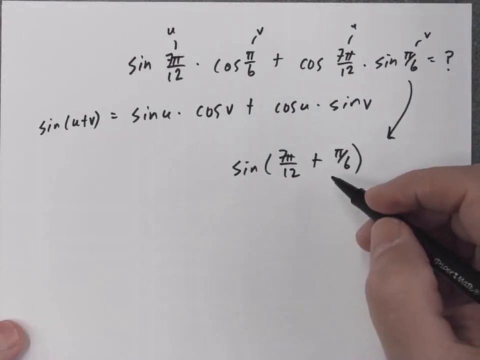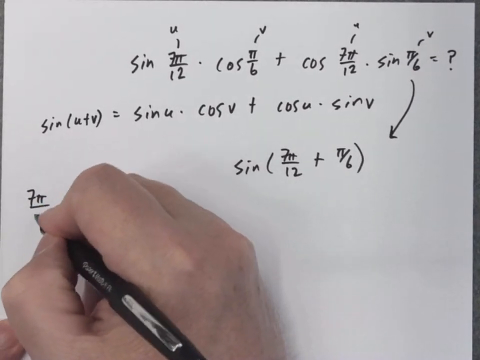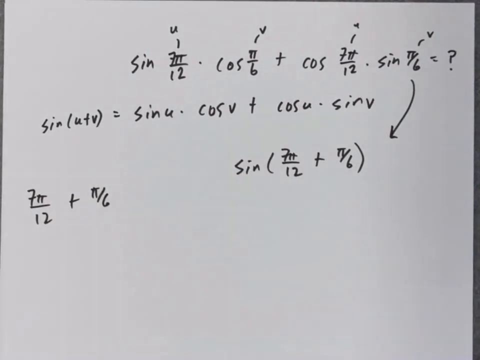Now let's go off to the side and see what happens when we add these fractions together. 7 pi over 12 plus pi over 6.